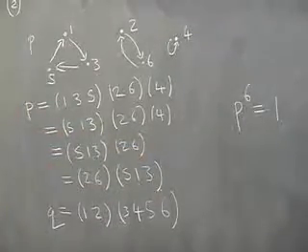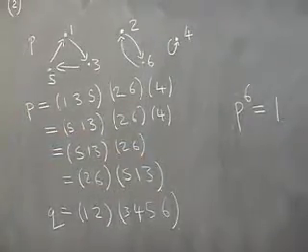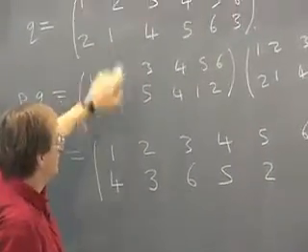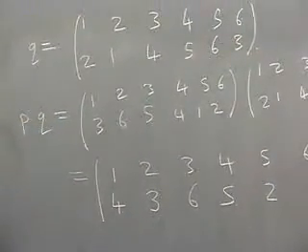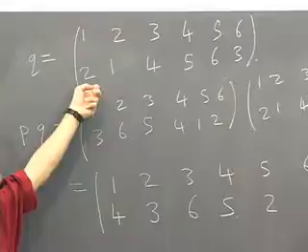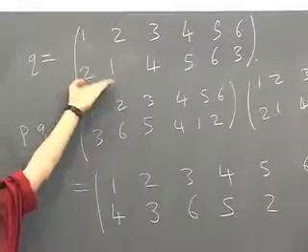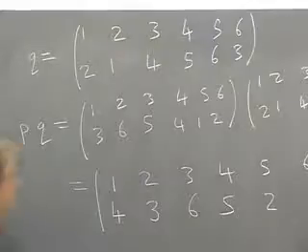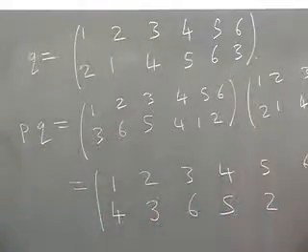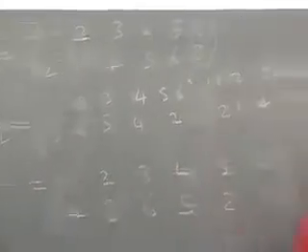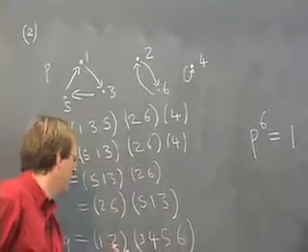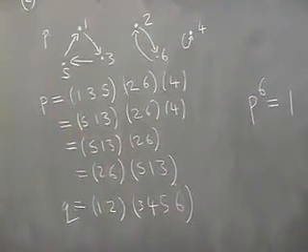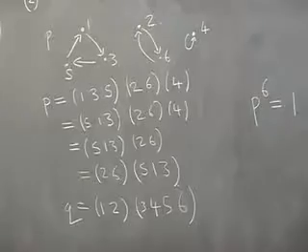Whereas if I just wrote down Q equals this, and asked you what Q to the 4th was, from this table it would be completely hopeless. You just have to do the calculation. But as soon as you've written it in this form, you immediately see that Q to the 4th is the identity, because it's the commuting product of a 2 cycle and a 4 cycle.